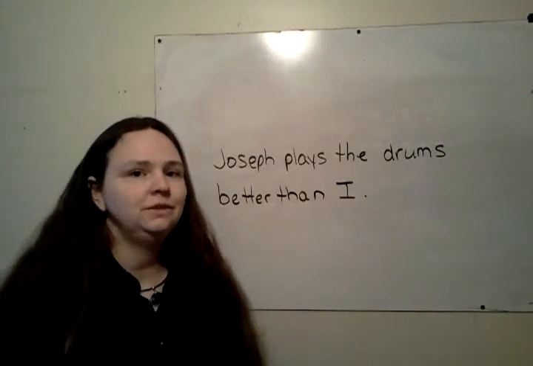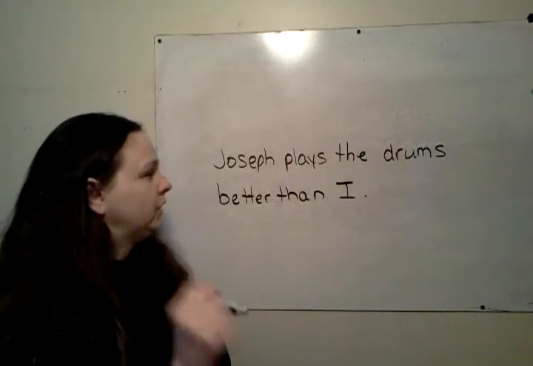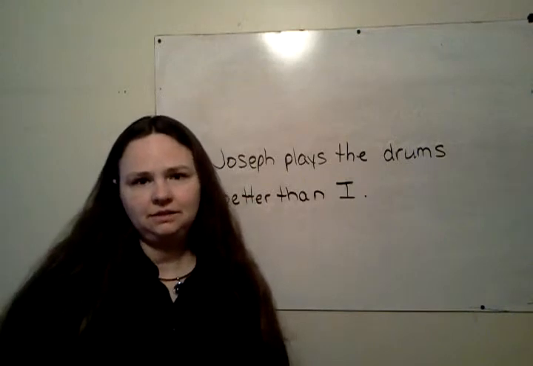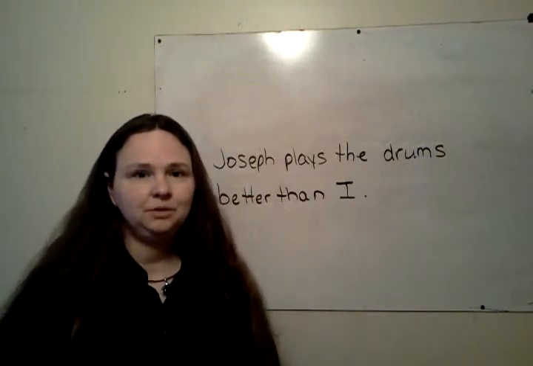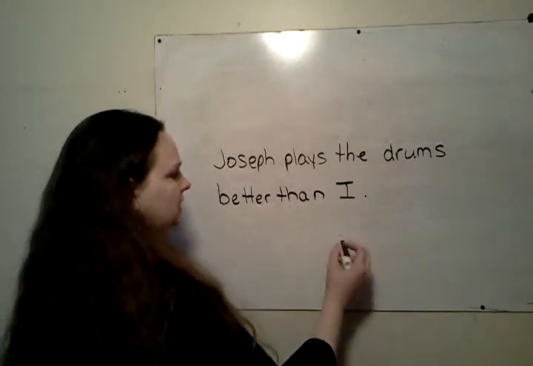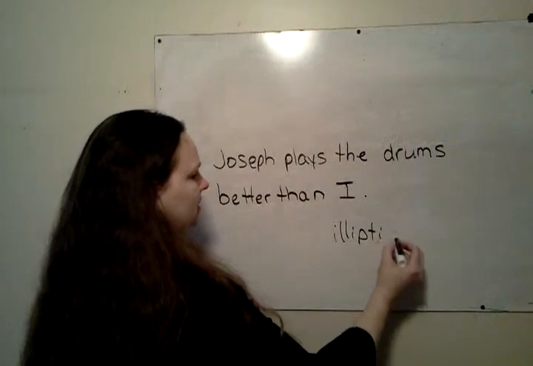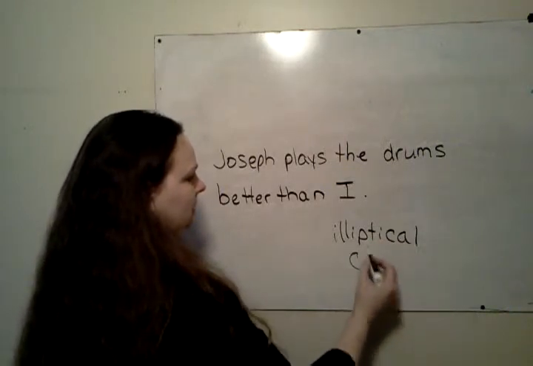And one last thing to review about adverb clauses. Sometimes part of the clause is missing. Remember we had this before with adjective clauses? And when that happens, it is called an elliptical clause.